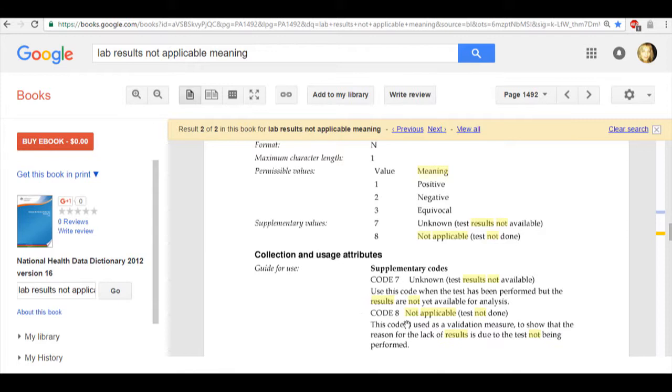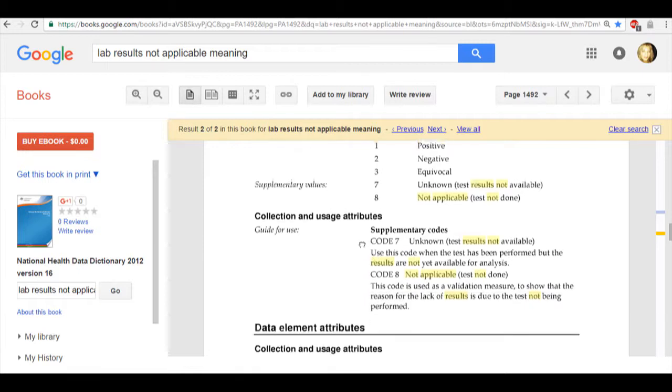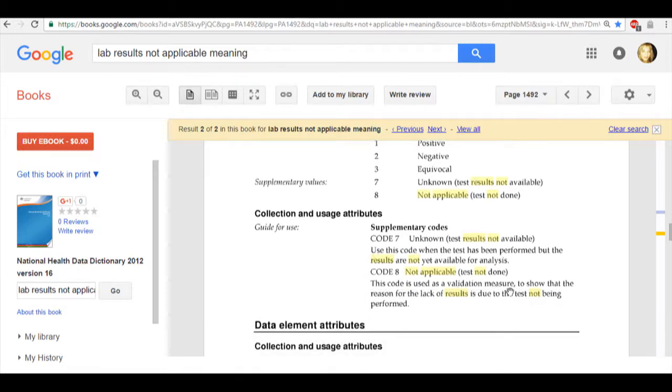And you could see it over here. It says Code 8, not applicable, test not done. This code is used as a validation measure to show that the reason for the lack of results is due to the test not being performed.